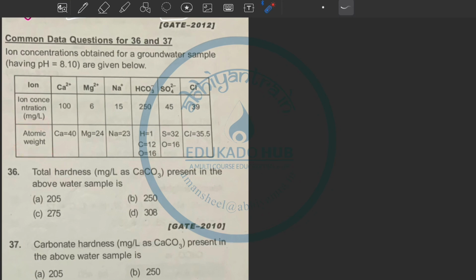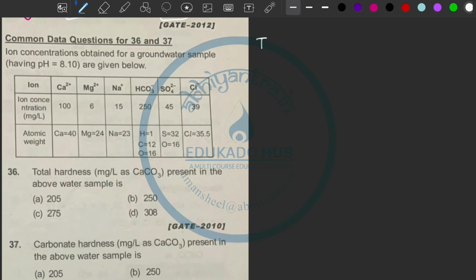Question 36 asks for the total hardness of the water, and 37 asks for the carbonate hardness. Let's do it. We have been doing these types of questions, so this will be easy for us.